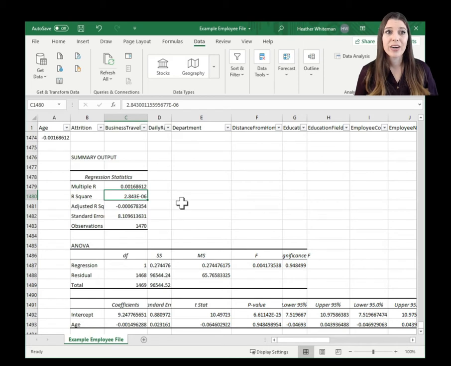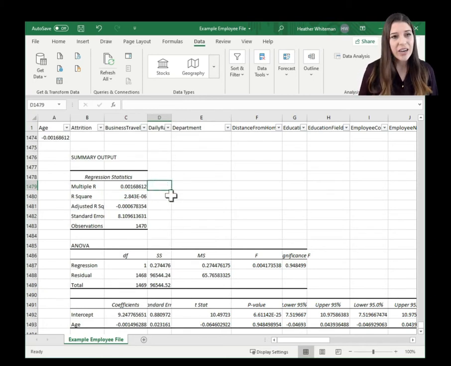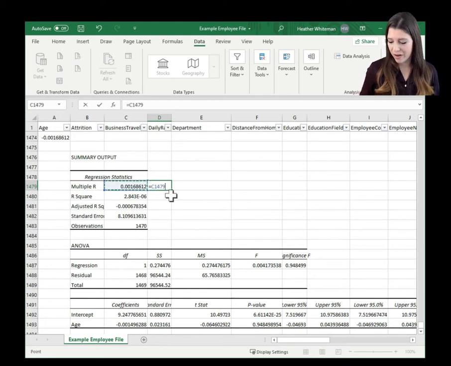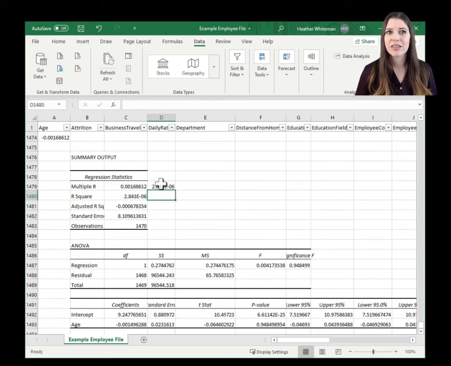Now, the R squared is literally the square of the R. So if we were to take this number up here, and use a formula to take this number that we already got and multiply it by itself, we will get a number that looks just like the one that we have from the table. So it is just squaring this multiple R number.